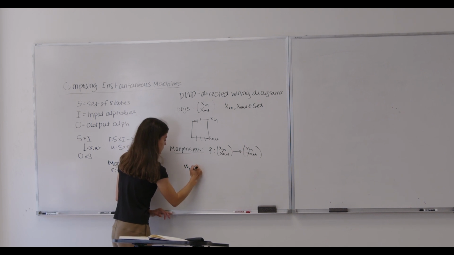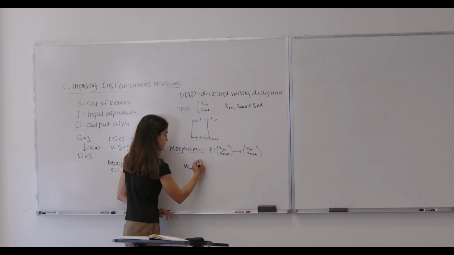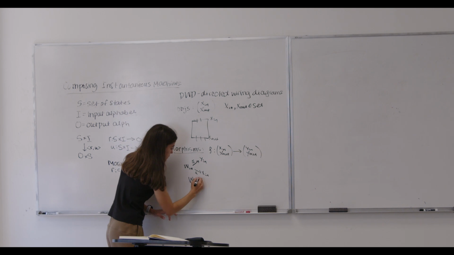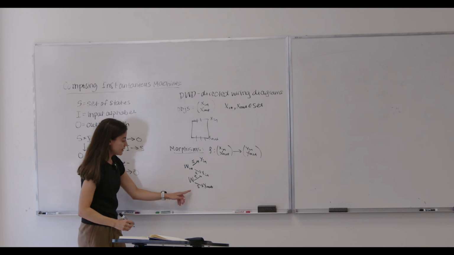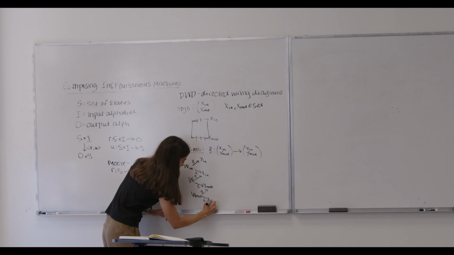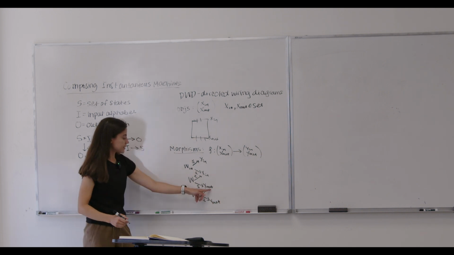We have W in, which has source Y in, target X in. Then we have W wires, which go from X out to X in. And then we have output wires, which go from X out to Y out.